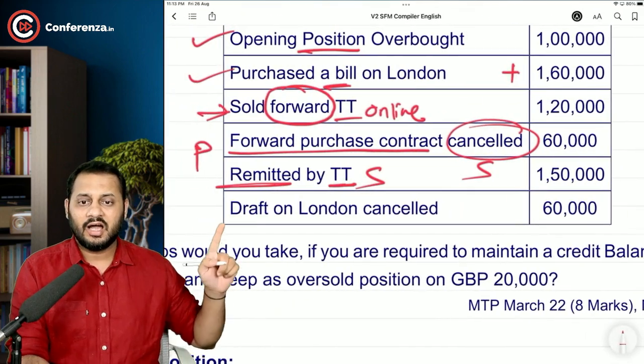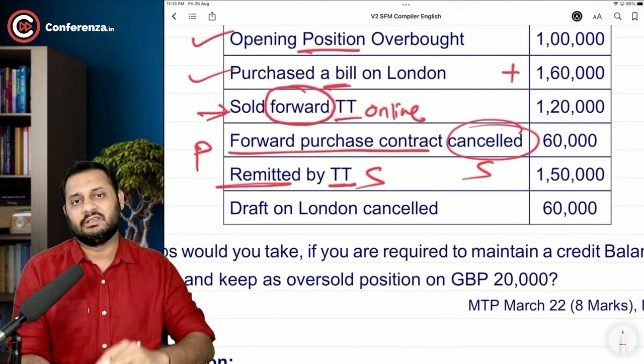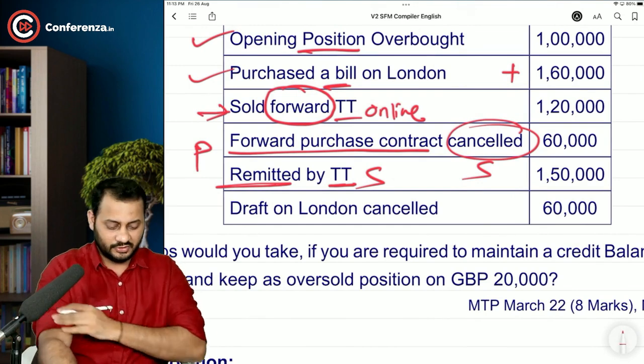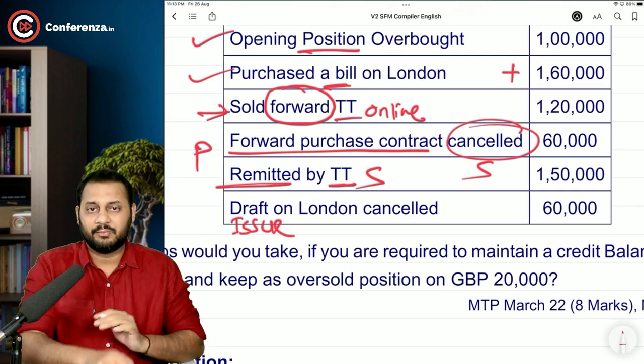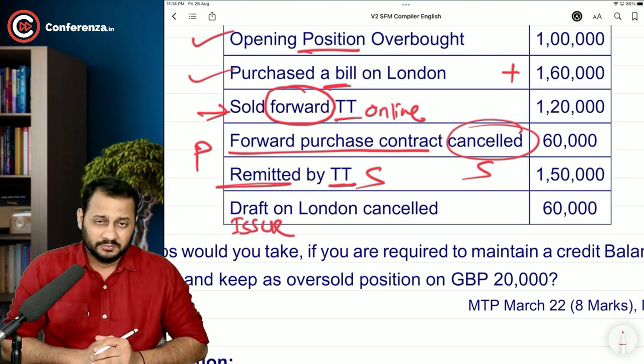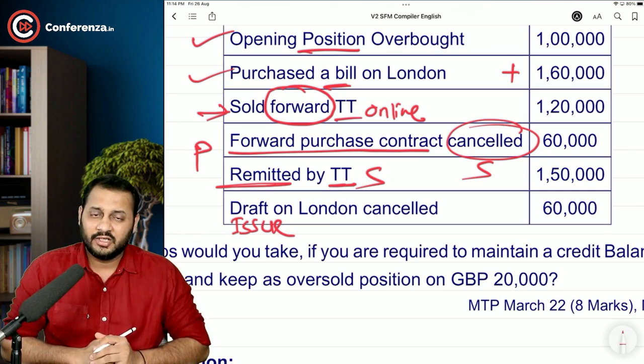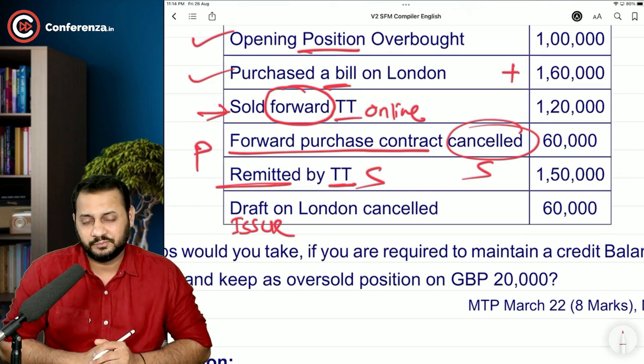Okay. Draft on London cancelled. Now what is this? First of all, you need to understand what happens when you issue the draft. When you issue the draft, it means you are actually selling the currency.